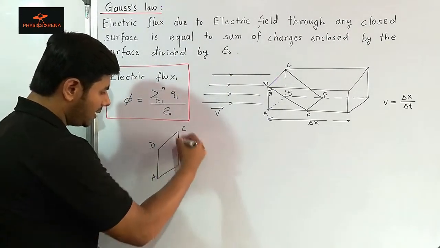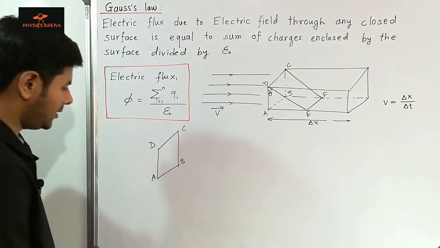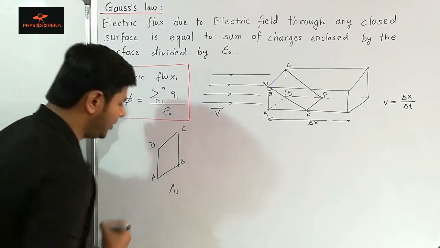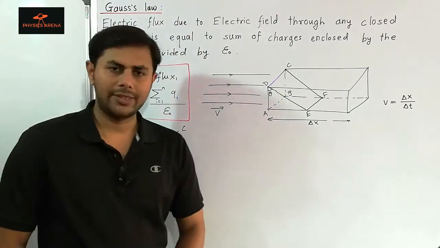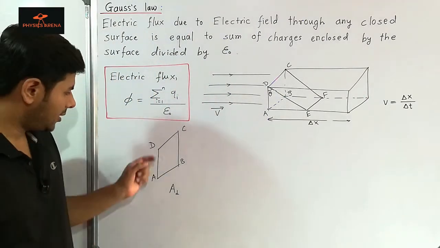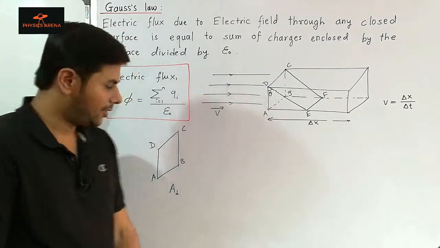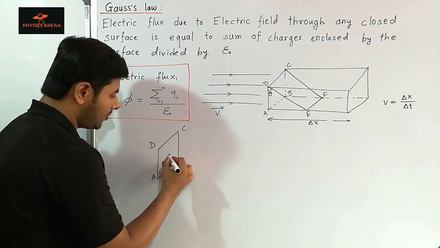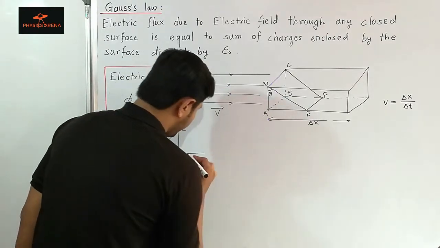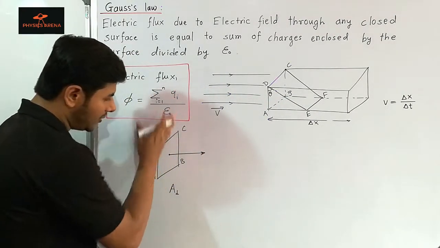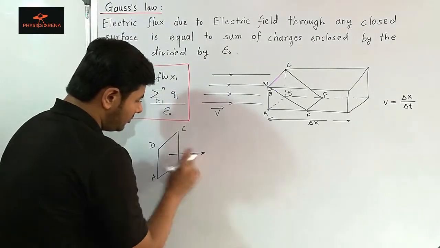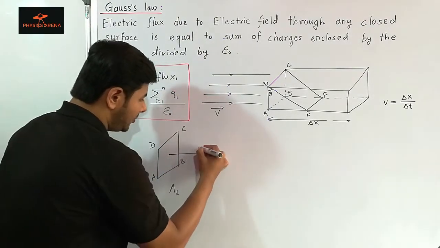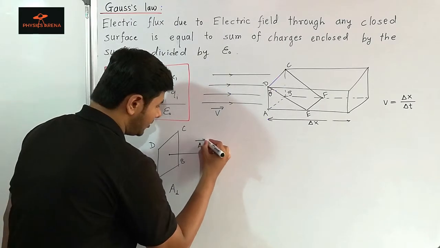The area of this surface ABCD, we called it A perpendicular, and since we are considering this to be a vector quantity, it has to have a direction, and the direction of the area vector we take along the perpendicular to the plane of the area. So this vector represented by this arrow is A perpendicular bar.